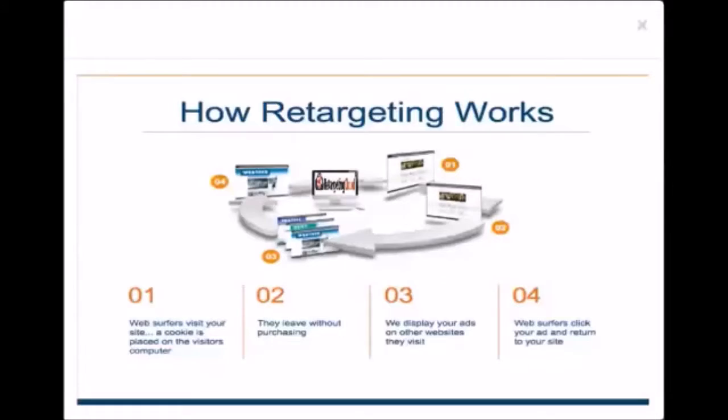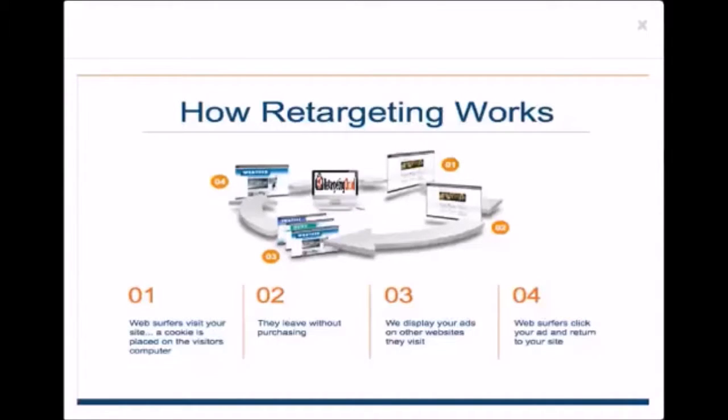So I want to show you traditional retargeting. This is the layout. Somebody's surfing the internet, clicks on a link, visits your website, however you drive them there, whether it was our traffic or Google PPC or SEO or a direct mail piece, it doesn't matter. Somebody lands at your website, a cookie is placed on the visitor's computer.